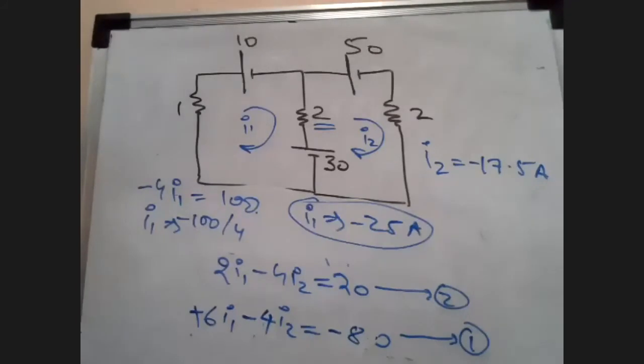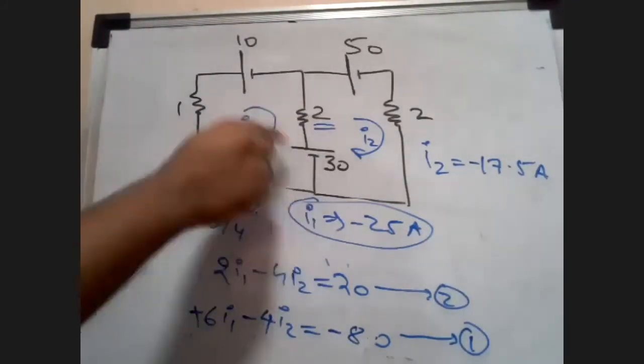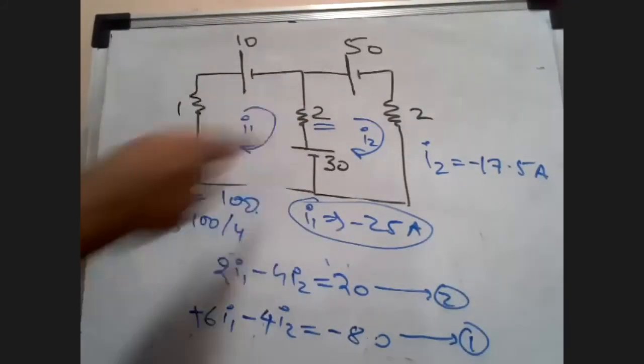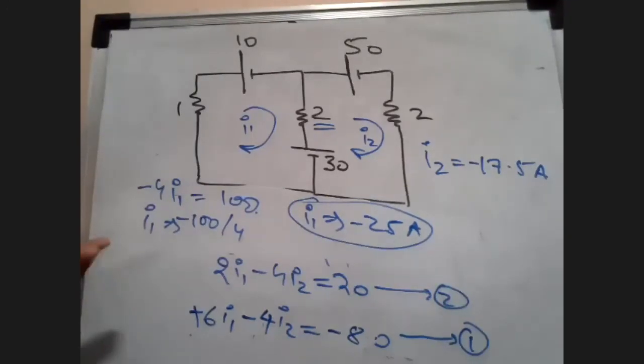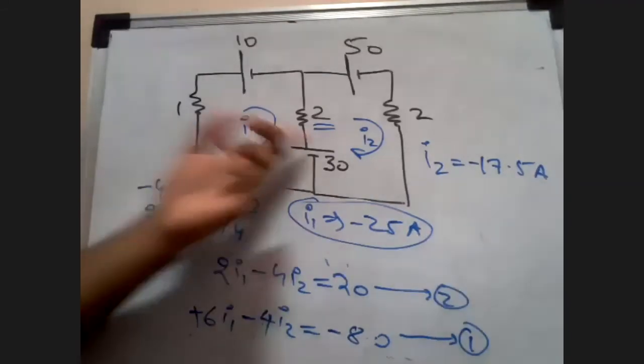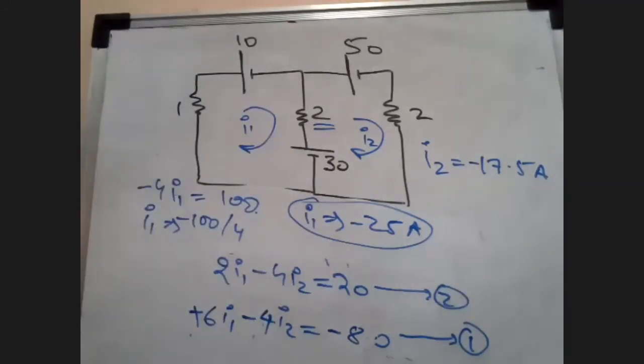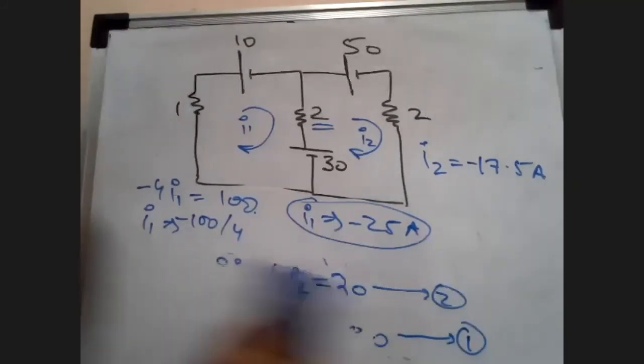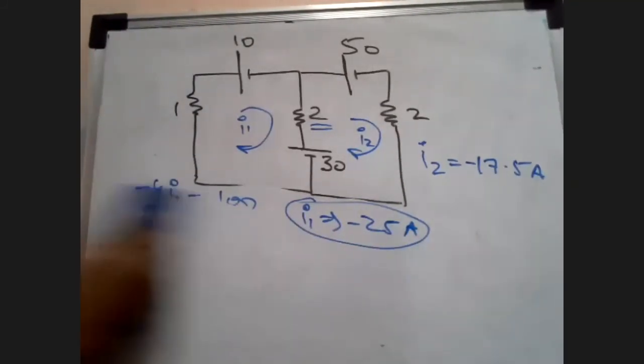So if I have to find out the value of current passing through these 2 ohms, what do I need to do? Can I take I1 minus I2? Isn't that the value? Yes or no?